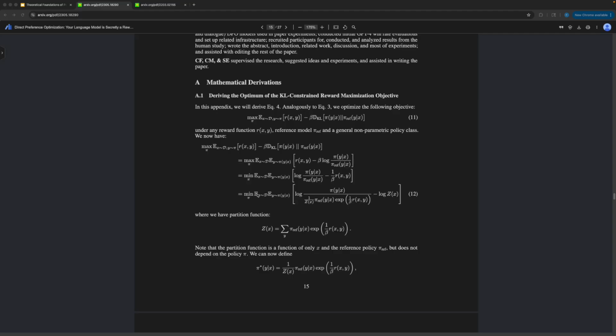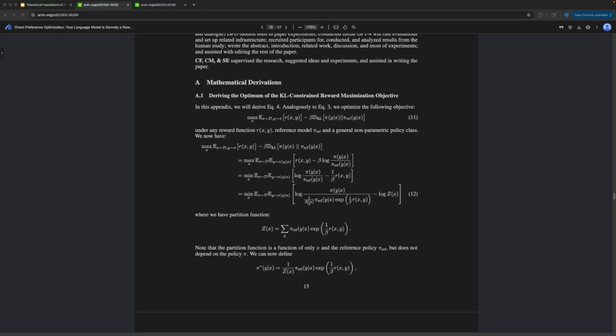Now, we want to minimize the log of the ratio of two terms, one is pi of y given x, and the other is this particular term. And if we look at this second term, it is not exactly a probability distribution. So to make it a probability distribution, we just need to normalize it.